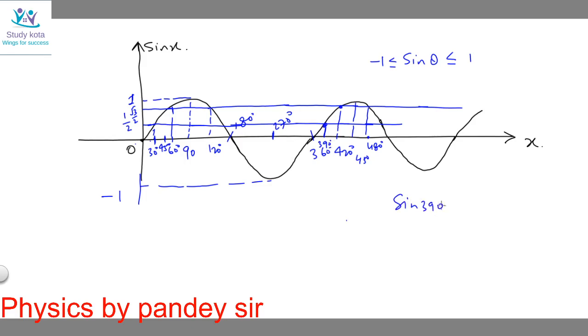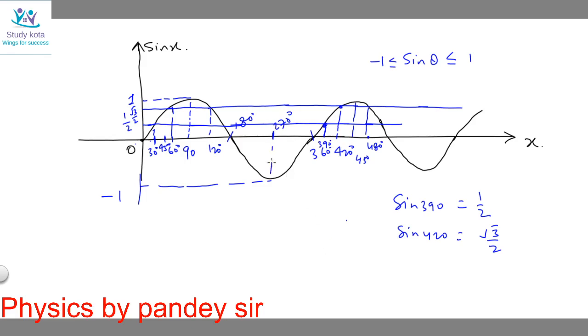So sine 390 is also 1 by 2, but sine of 420 is √3 by 2. So larger values, as we have memorized the values up to 90 degree, but from the symmetry we can calculate any values. Okay, hopefully you are getting all the correct answers.